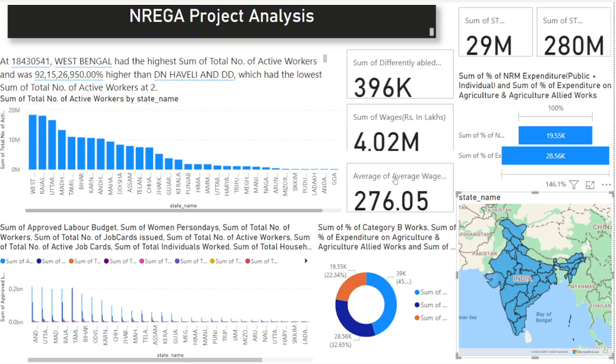Number of job cards issued and ST workers against active workers. Total number of job cards issued. All these are different districts. Average of total number of households completed. These are the number of job cards issued.